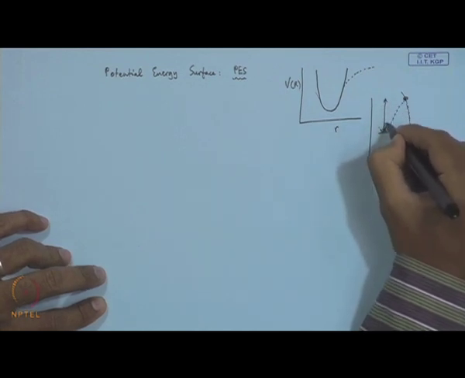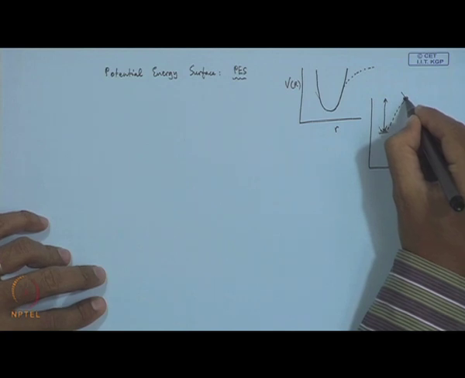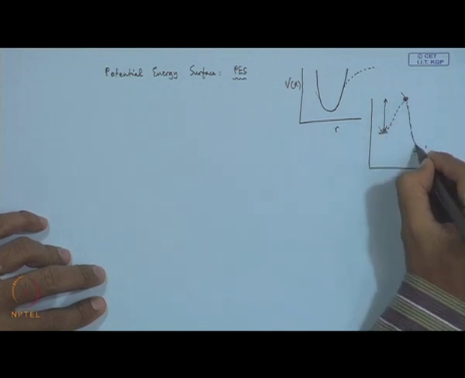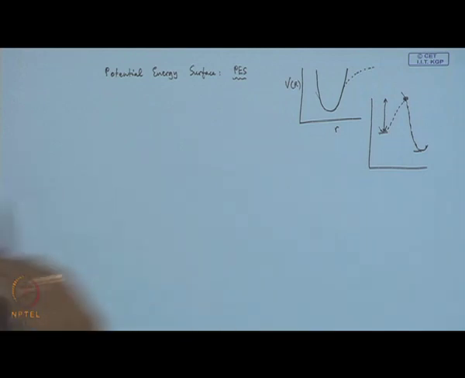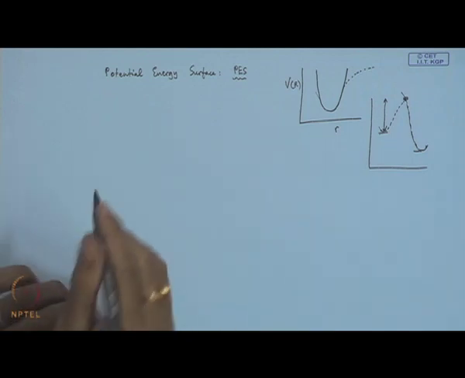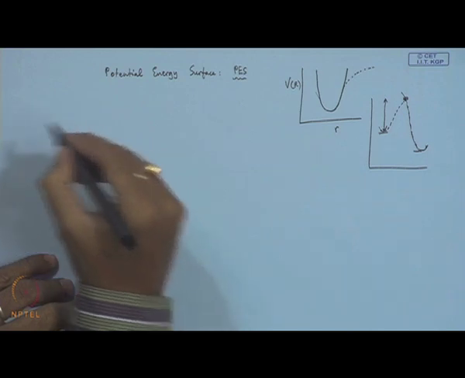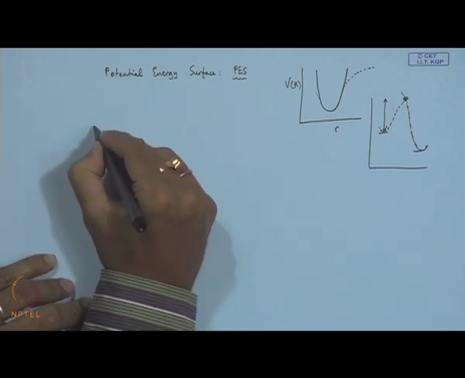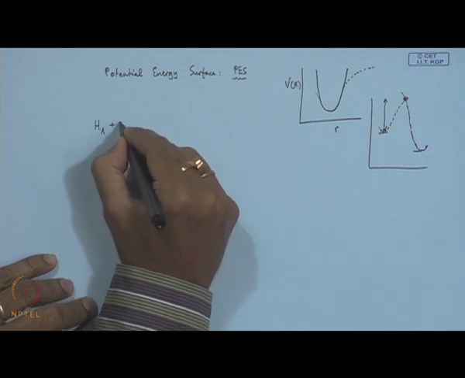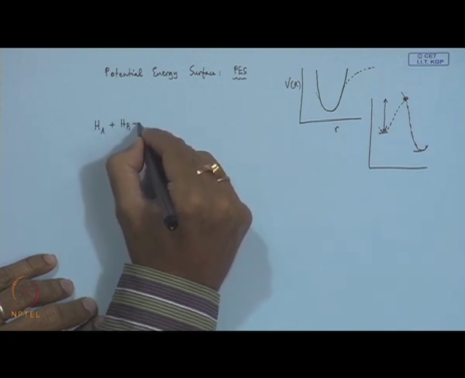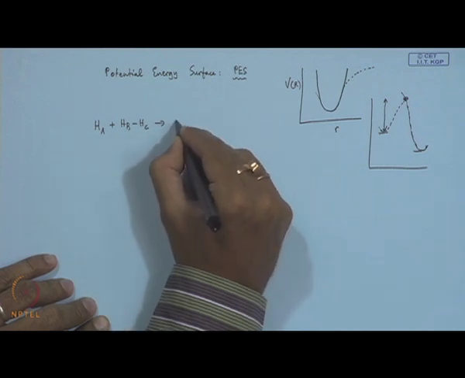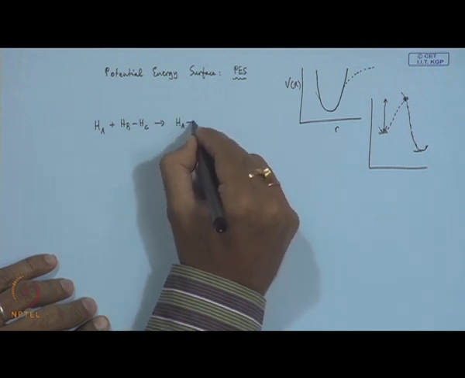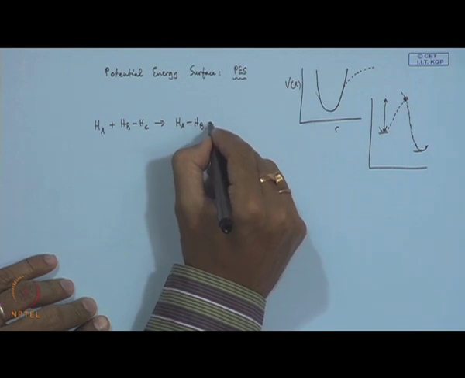The reaction proceeds to the activated state and then moves to another potential energy surface, giving rise to the dissociated product. So let us consider a reaction in a collinear fashion, that is Ha plus HbHc, the H plus H2 reaction, giving rise to HaHb plus Hc.